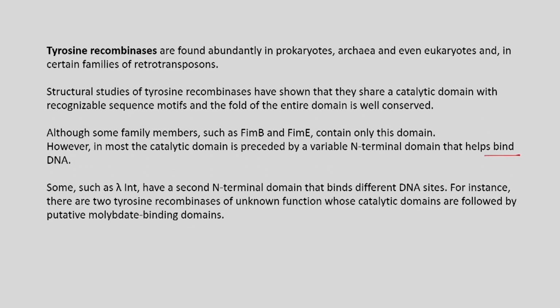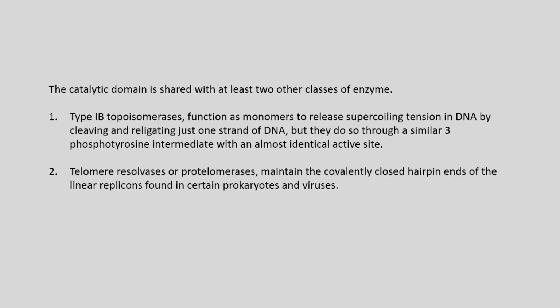Some, such as lambda integrase, have a second N-terminal domain that binds different DNA sites. For instance, there are two tyrosine recombinases of unknown function whose catalytic domains are followed by putative molybdate binding domains. The catalytic domain is shared with at least two other classes of enzyme.